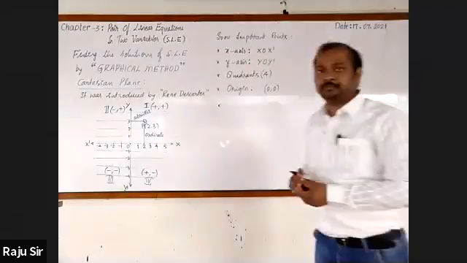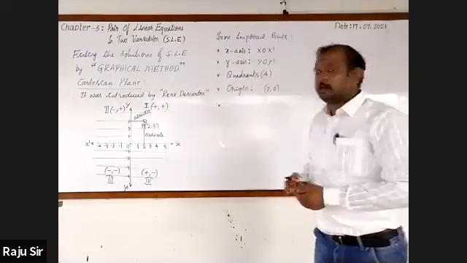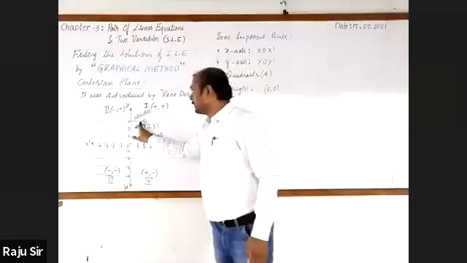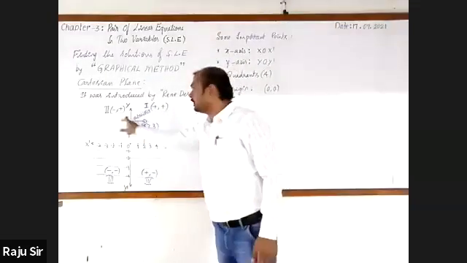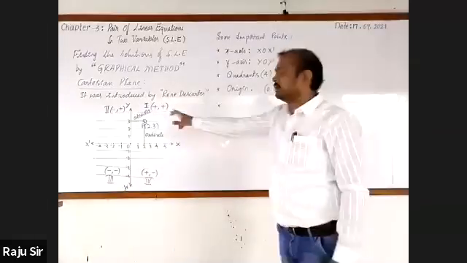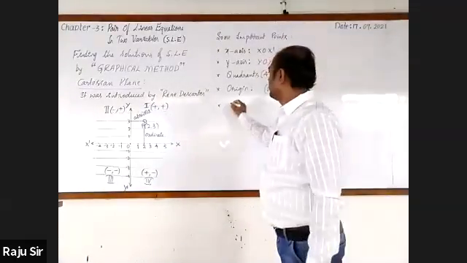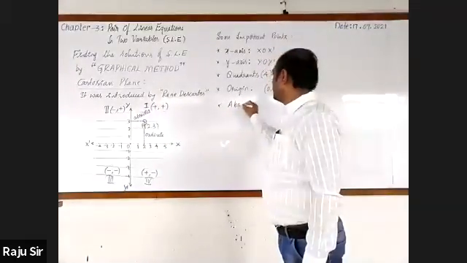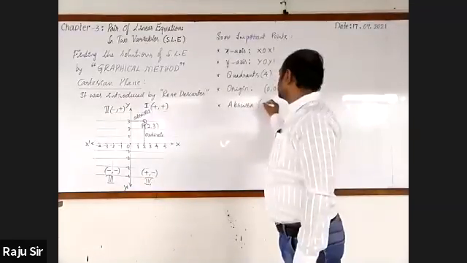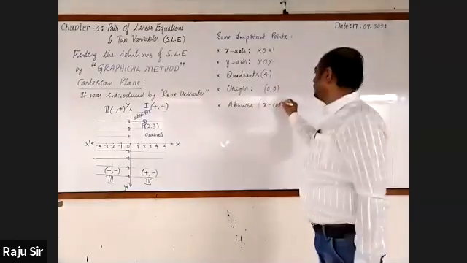One more thing: the perpendicular distance from the given point to the y-axis is the abscissa. It is nothing but the x coordinate.